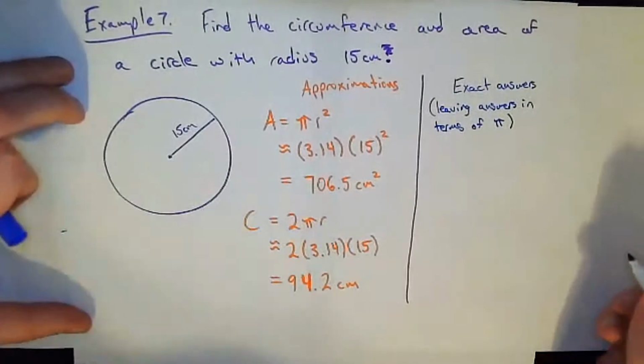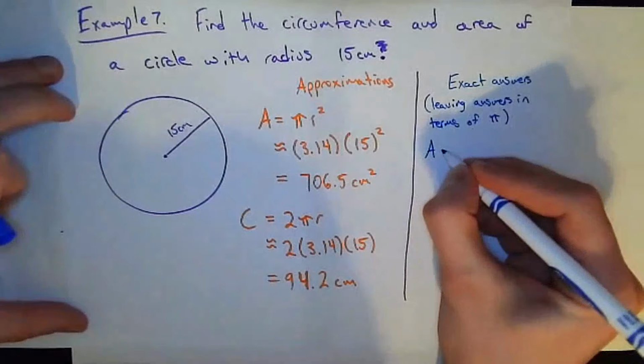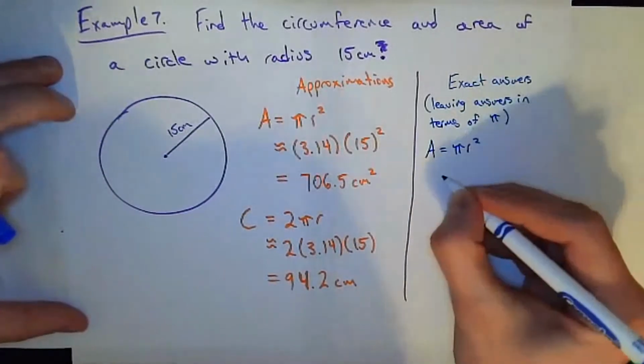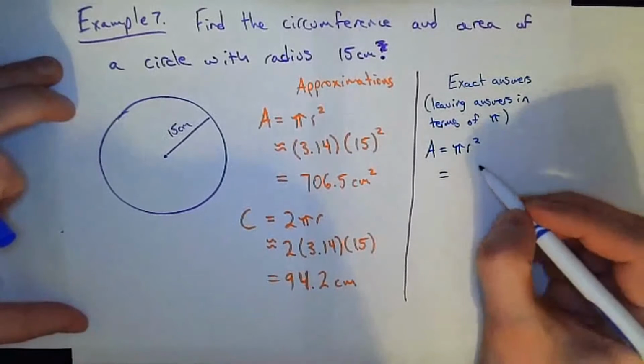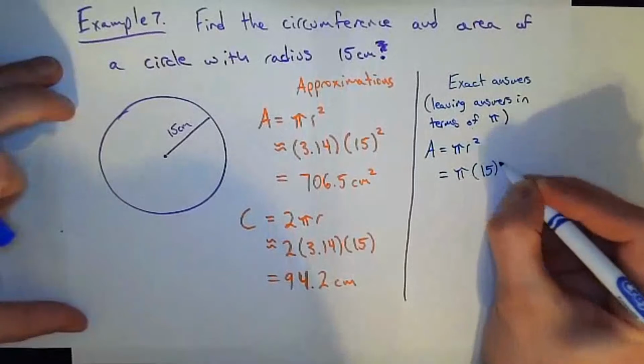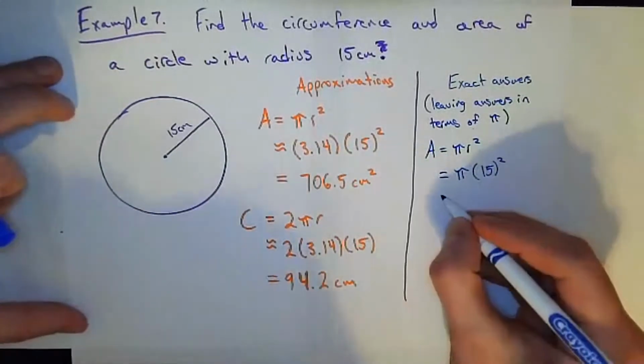That means leave that little symbol in there. A would be equal to pi r squared, of course, still the same formula, equal to pi times 15 squared. Notice here I'm leaving the symbol pi in. I'm not approximating.